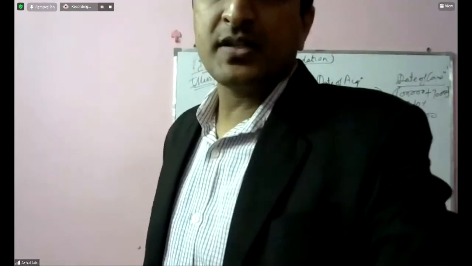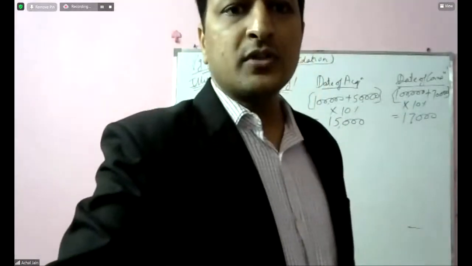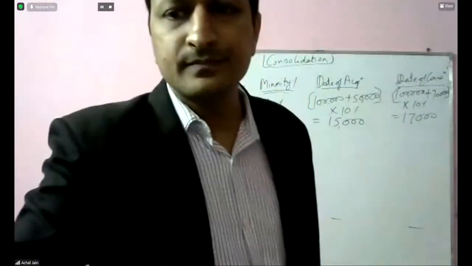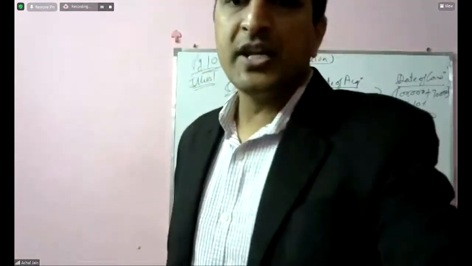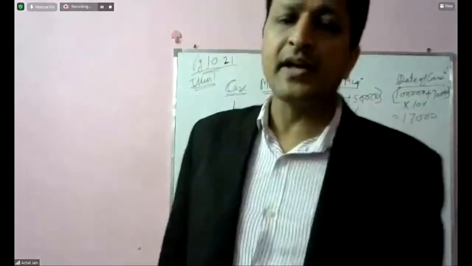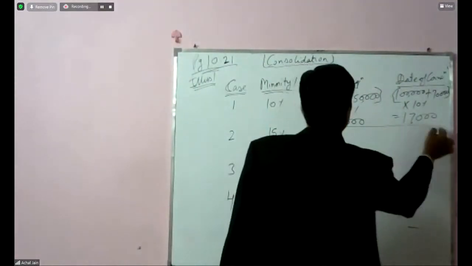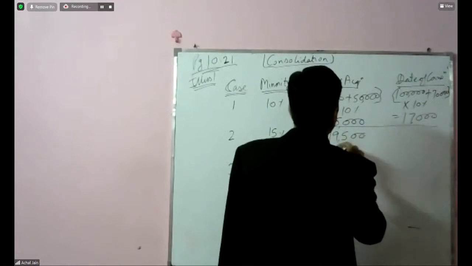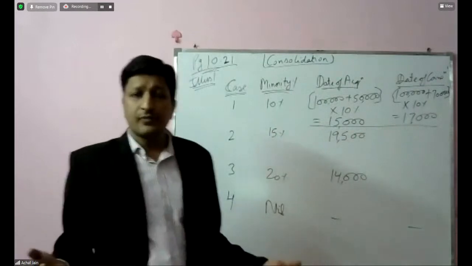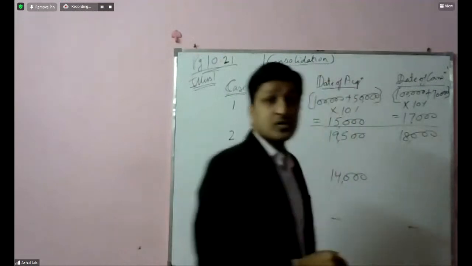We will discuss this third point when we solve it. For the time being, you should start computing the one that we have been doing. Sakshi has solved this. Sakshi is saying 15,000, 19,500 and 14,000. Very good. So this is 19,500. This is 14,000. Understood how you need to solve this? This is 18,000 and this was 14,000.